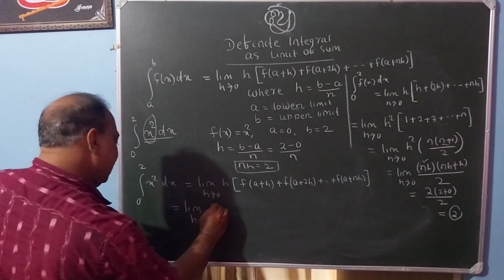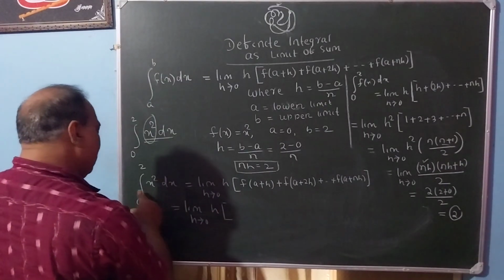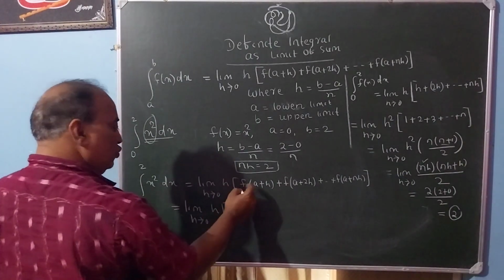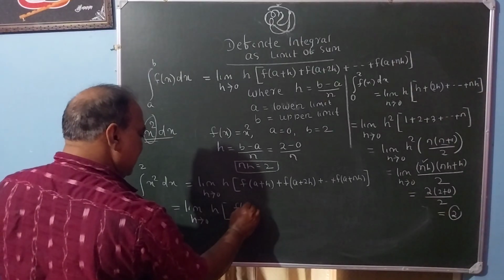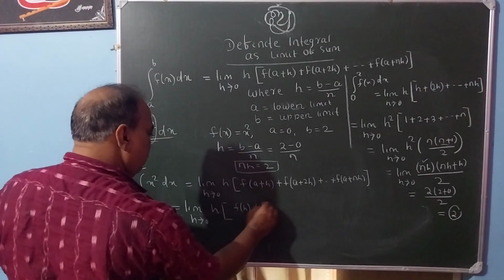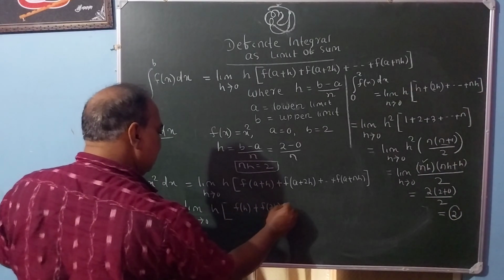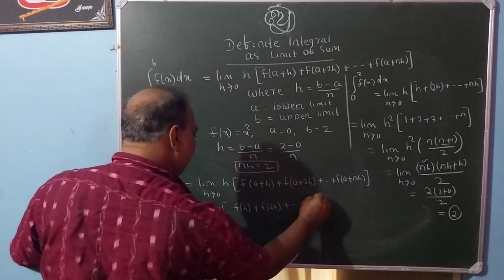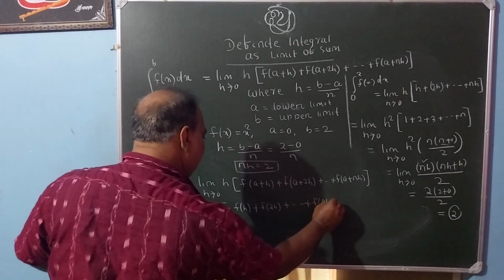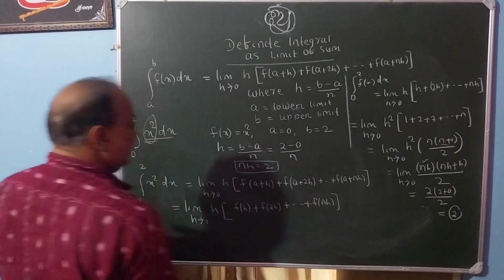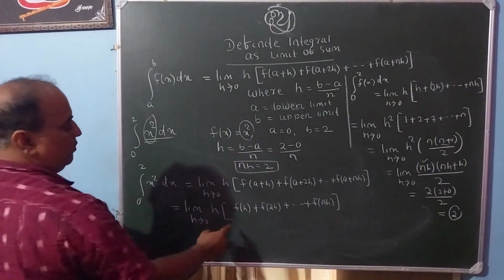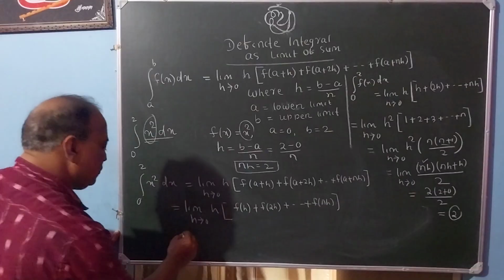Here it is h. In place of a, we have to put 0. f of h, f of 2h, dot dot dot, f of nh. f(x) is equal to x square. What is f of x? That is h square.